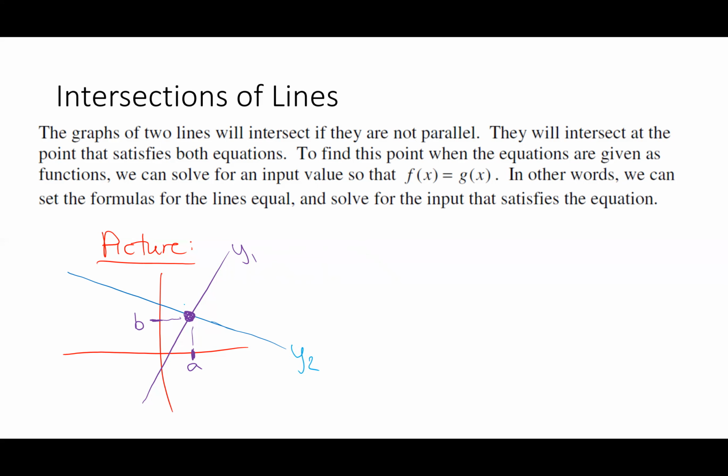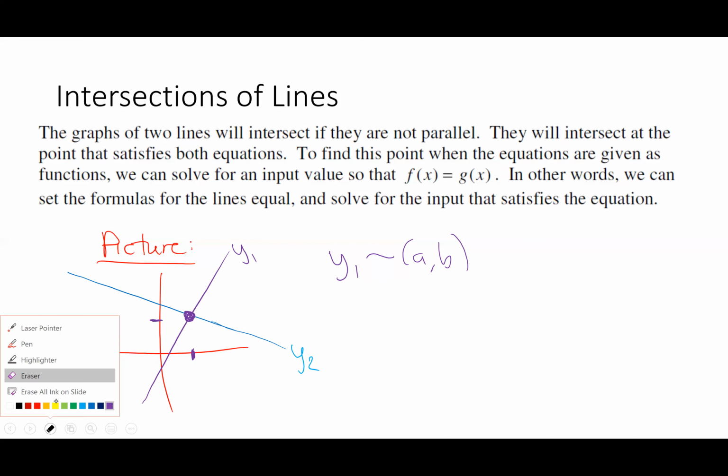Here's what I want you to notice. y1 is going to pass through the point A, B. Something else I want you to notice: y2 also passes through those points in particular.